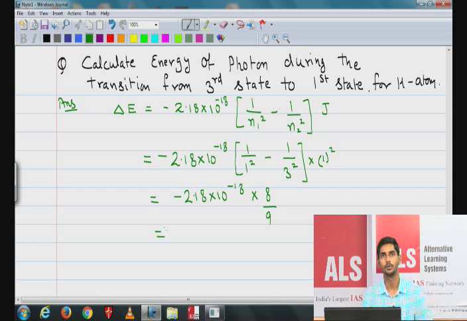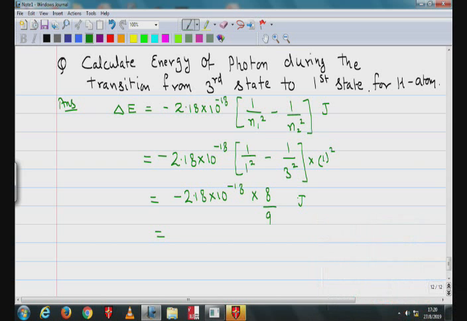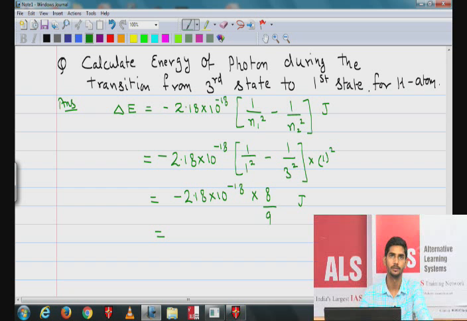So guys, you have to solve it and you will get your answer. Any doubt regarding this one? This is in joules. Okay guys, solve it for me and tell me the answer.